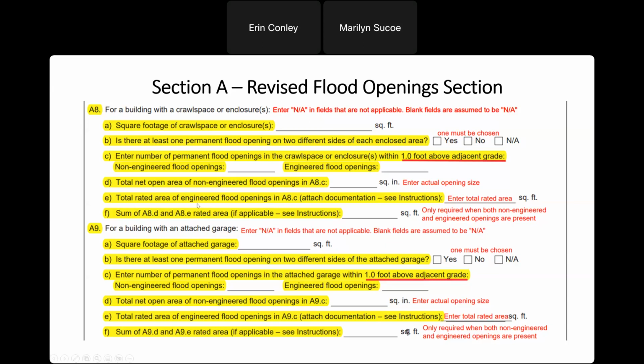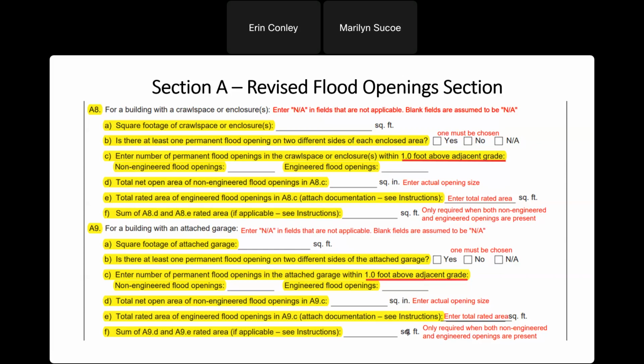When you're dealing with non-engineered openings, this is where you need to refer to Technical Bulletin 1 to get your help on what to enter in that location. If there's any type of screening, louvers, something that obstructs the flow, then it's only the actual opening size that has to be entered here.